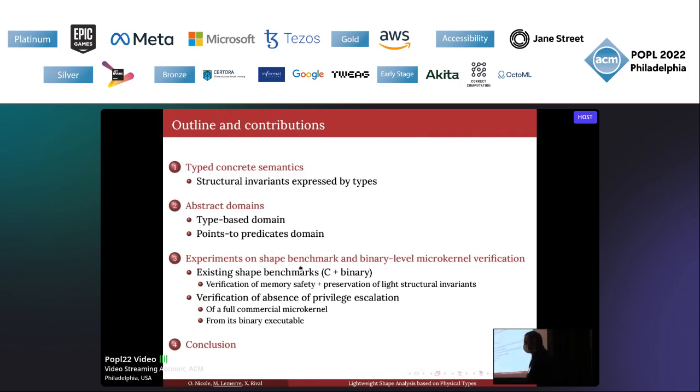We verified memory safety of them and light structural invariants if we could prove them. And we did the same with the same benchmarks, but compiled to binary. And the second experiment that we did is that we took a full commercial microkernel and we verified interesting security properties like absence of privilege escalation and absence of runtime errors directly from its executable.